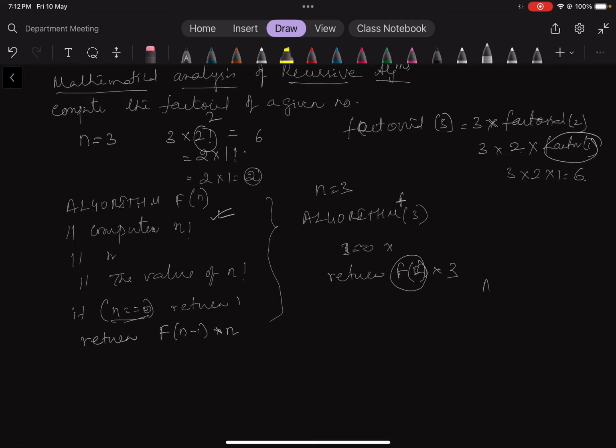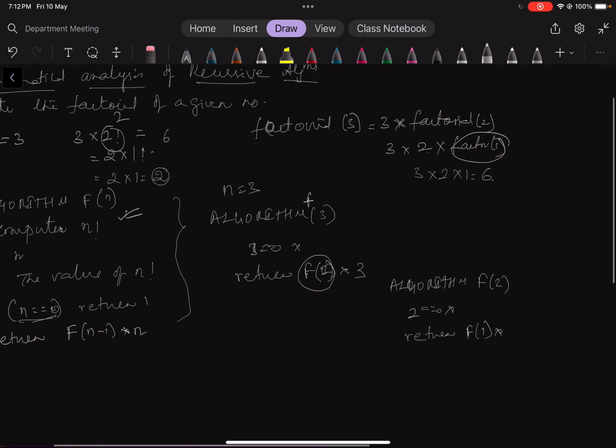Now f of 2. We check whether n is equal to 0, that means 2 is equal to 0? No. That means again it will return f of 1 multiplied by n, which is 2 now.